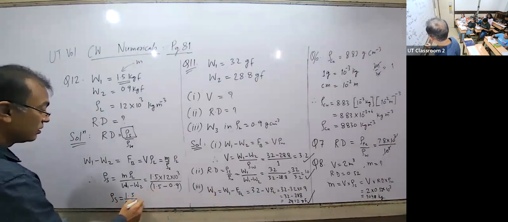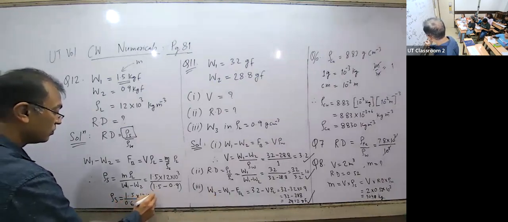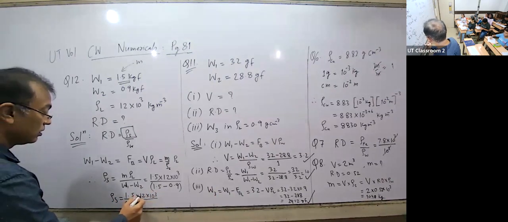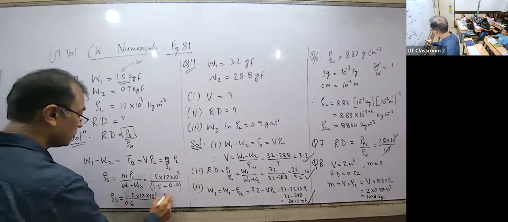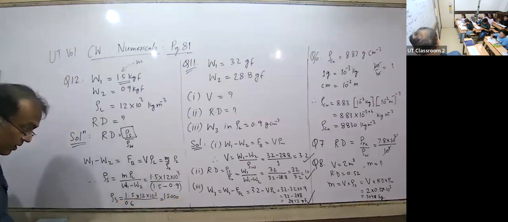Into 10 into 10. ठीक है चलो, ये कितना हो गया? 50. 15,000 आ रहा है. Yes, sir. Everybody agree? Yes.